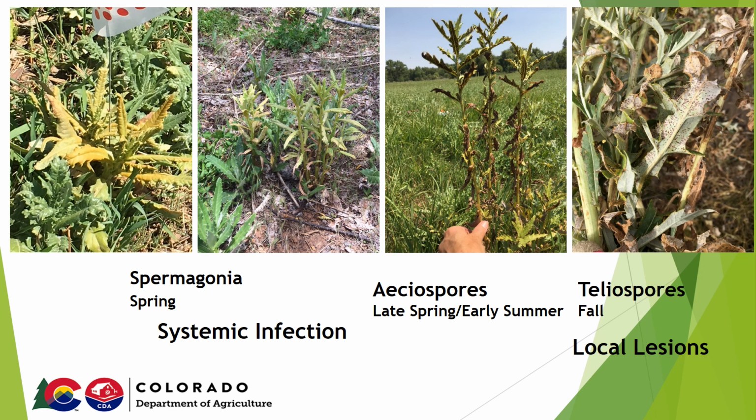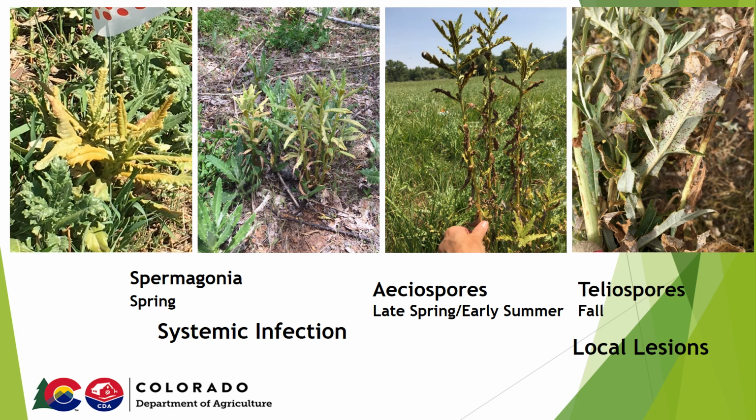Late spring, early summer, the spermagonia give rise to the dark, rusty-colored spore, the aeciospore, on the same stem. The systemic infection ultimately kills the infected stem, usually before flowering, so the plant dies, but the spores are transported by multiple ways, including wind, water, insects, mammals, and mowing to healthy neighboring plants.